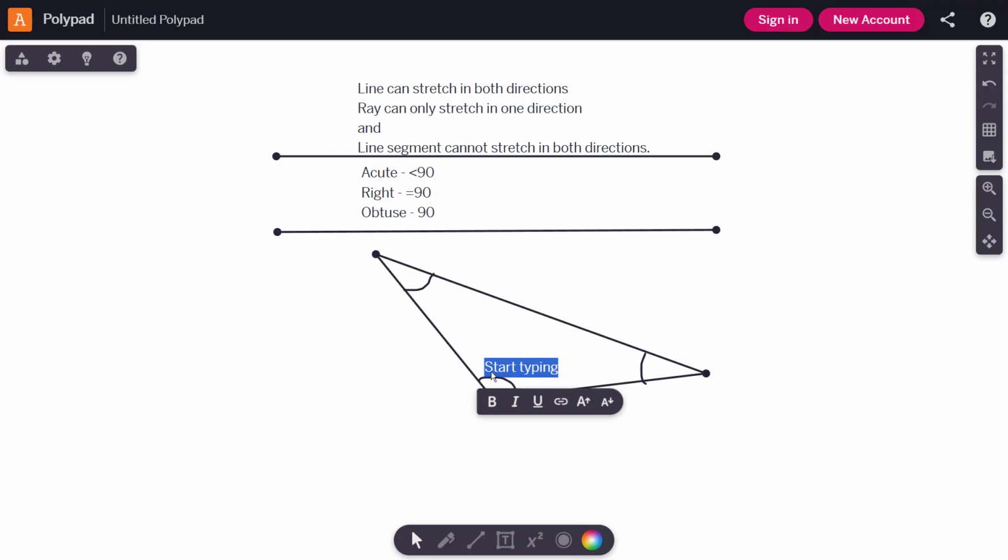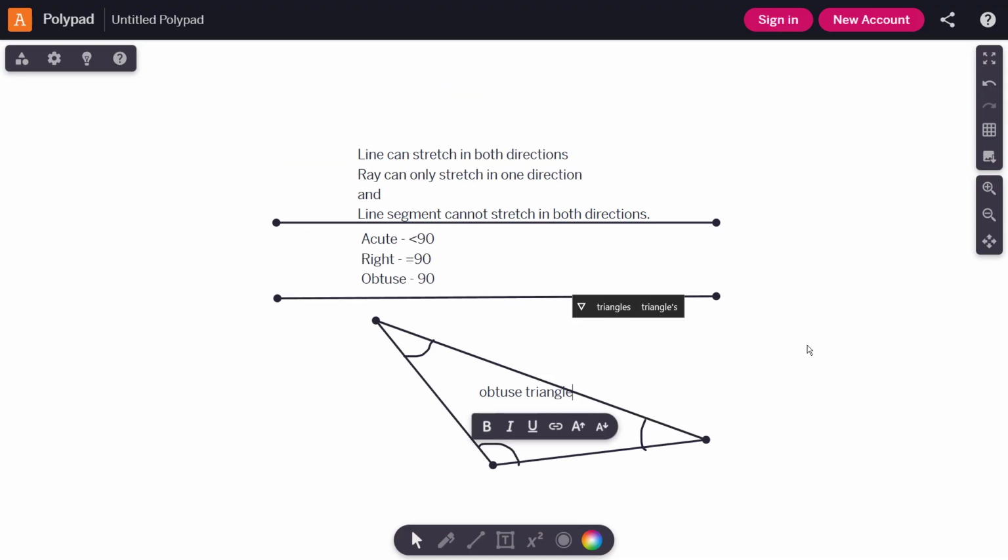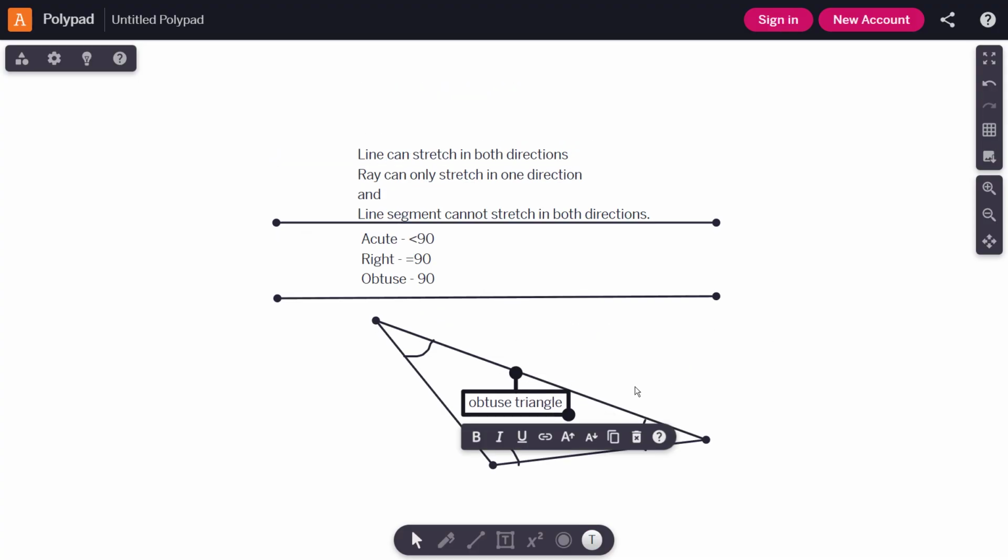So this is the obtuse angle, and those 2 are the acute ones. So this forms the obtuse triangle. Alright.